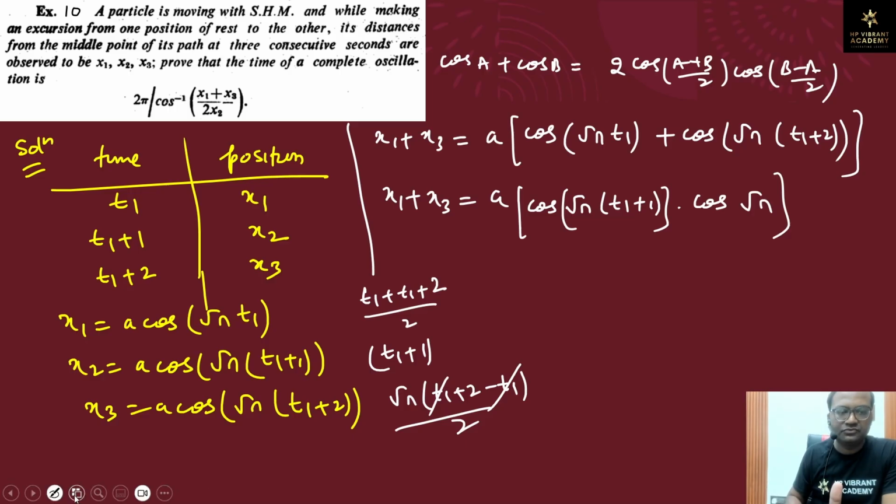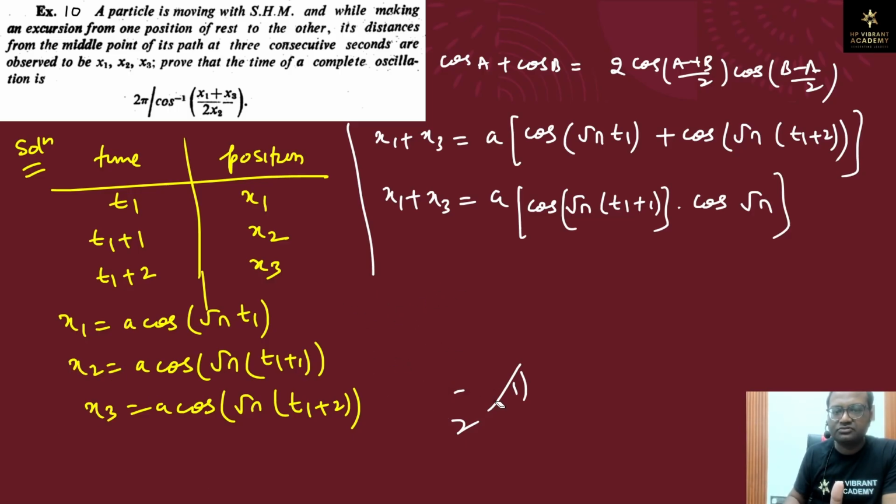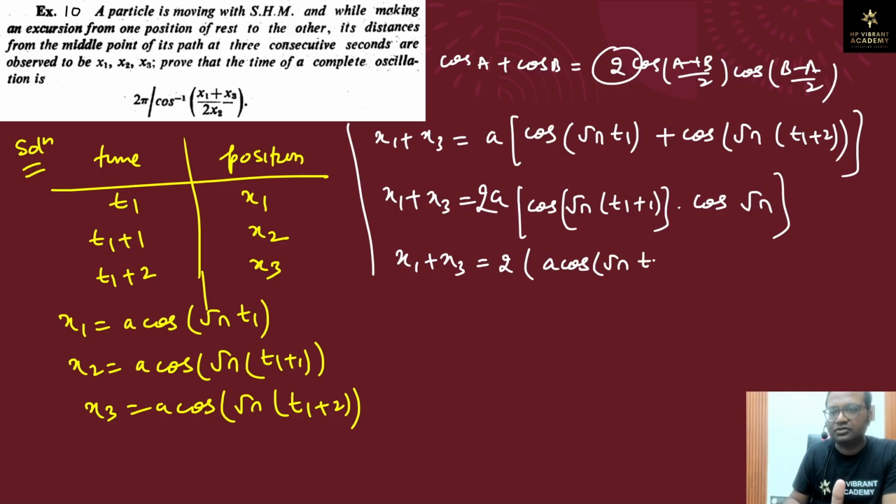Now let us further simplify this. We have 2 times here. So x1 plus x3 is equal to 2 times a cos of root under mu into t1 plus 1 into cos of root under mu.